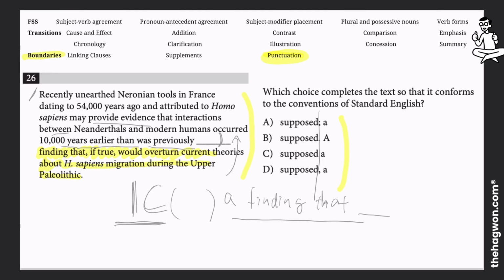The key to this question is understanding how this is used, of finding that. If you place a relative pronoun that, this phrase of finding is a supplement that depends on the independent clause, which means this supplement or any supplements cannot stand alone.